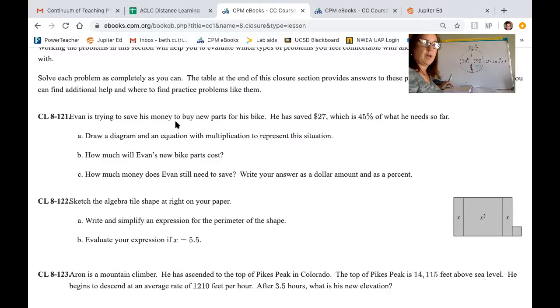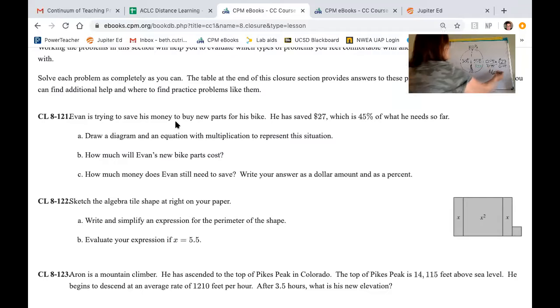B says, how much money will Evan's new bike parts cost? So now we know what 45% is, but we want to find out the other 55%. So we're going to figure out what x is, and we're going to divide both sides by 0.45. And we have 27 divided by 0.45 equals $60.